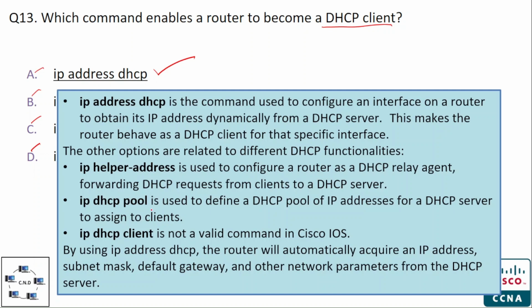IP dhcp pool is used to define a DHCP pool of IP addresses for a DHCP server to assign to clients. An ip dhcp client is not a valid command in Cisco IOS. By using ip address dhcp, the router will automatically acquire an IP address, subnet mask, default gateway, and other network parameters from the DHCP server.